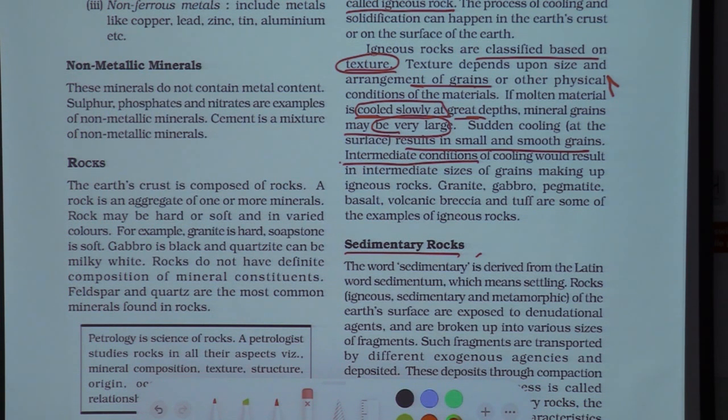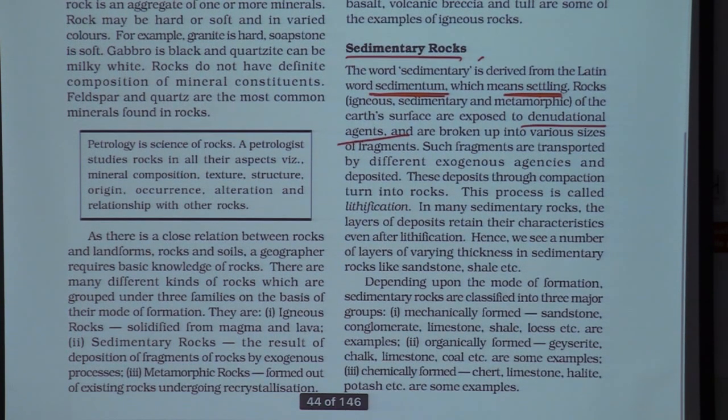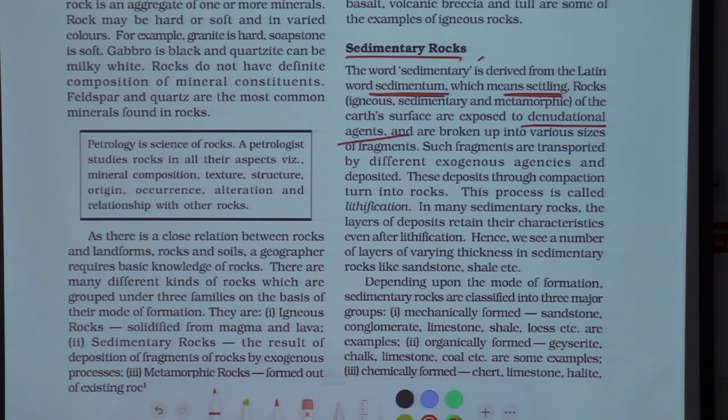Sedimentary is derived from a Latin term that stands for settling. That is, when the denudational agents result in the breaking up of the rocks and creating what is called broken rock material or sediments, their deposition and cementation will result in the development of sedimentary rocks.